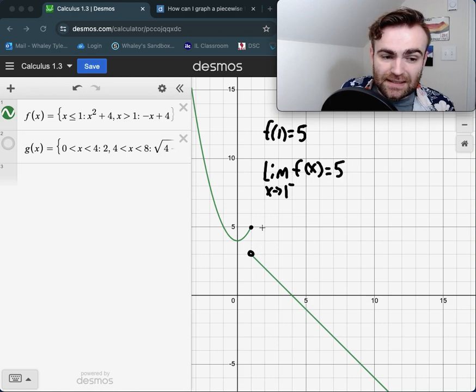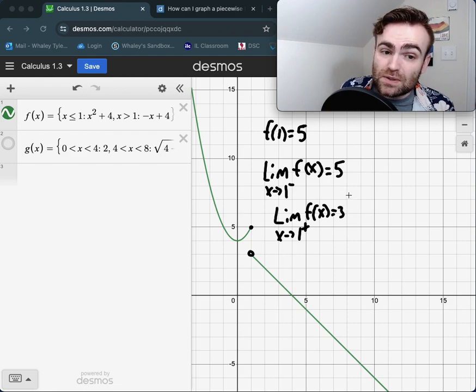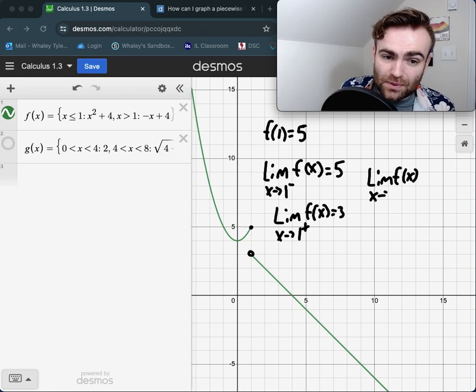And the right-hand side would be the limit as x approaches 1 from the right of f of x, we put a little plus as the power, is equal to 3. And since these two things are different, the actual limit of f of x as x approaches 1 does not exist.